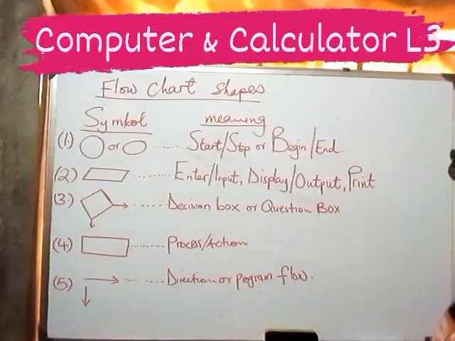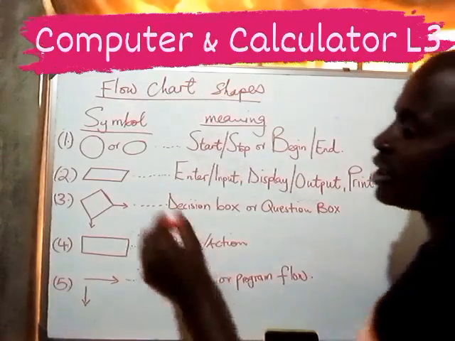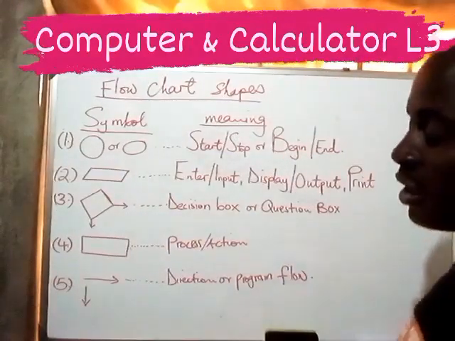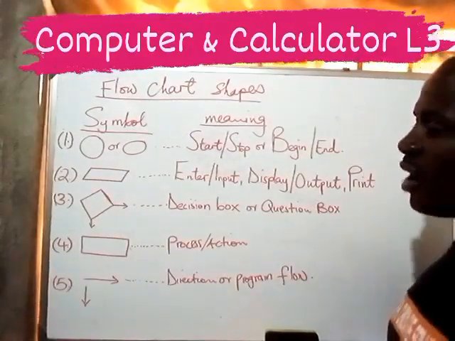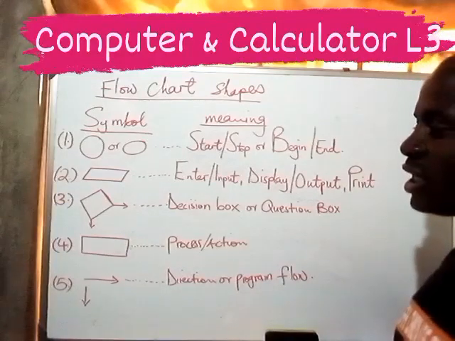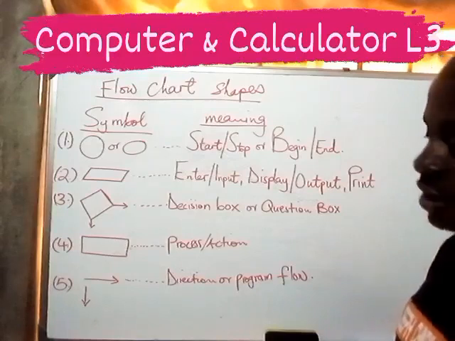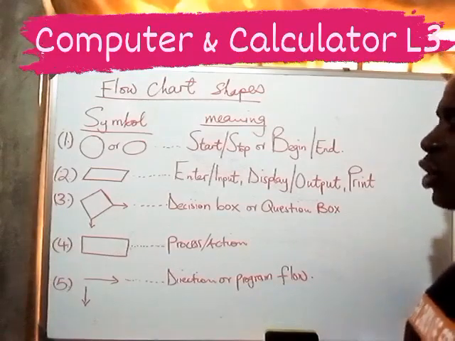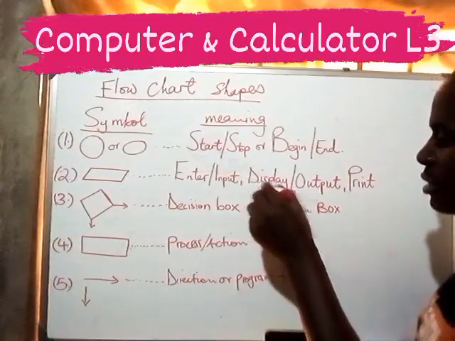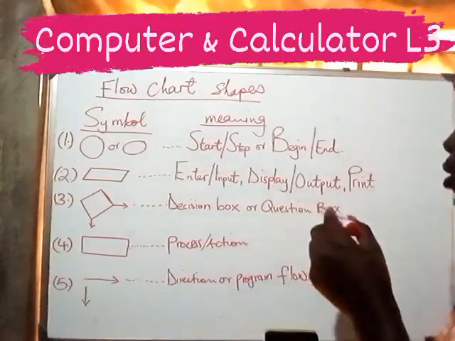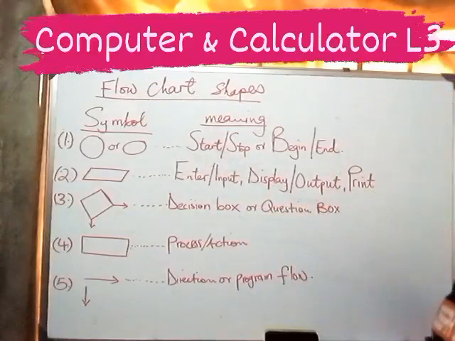Then the next symbol is more like a parallelogram shape. What is it used for? It means the enter or the input. It can also mean the display. This shape also stands for the output. It also stands for print.